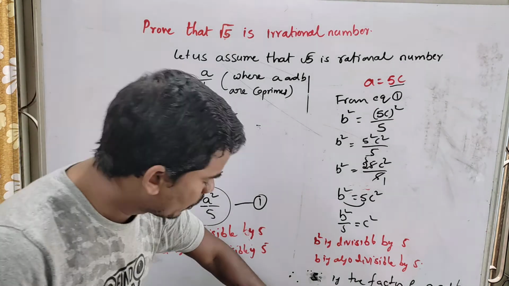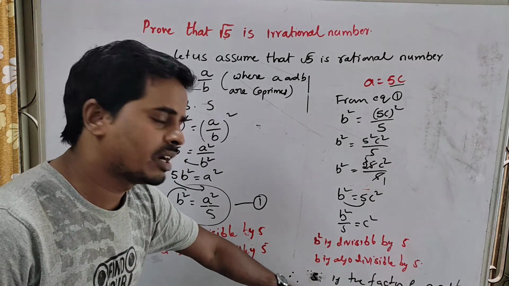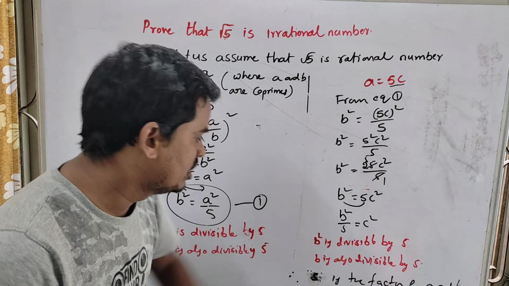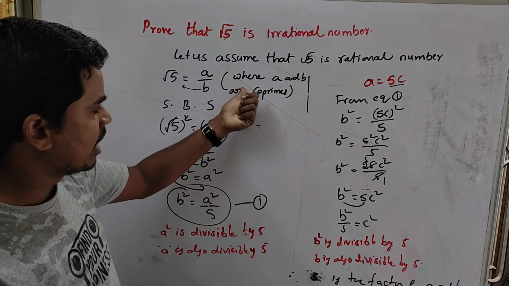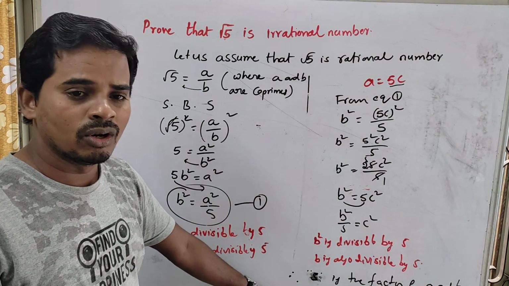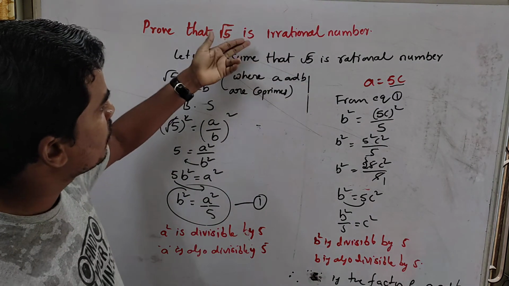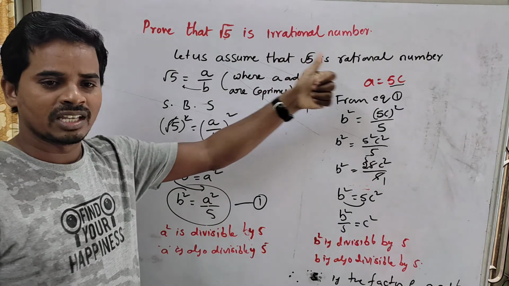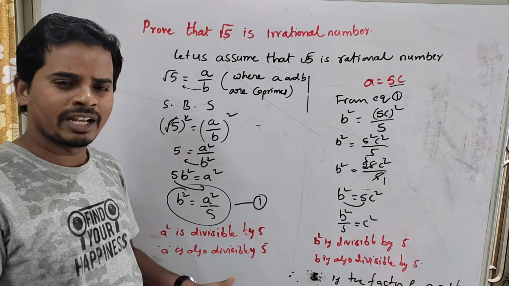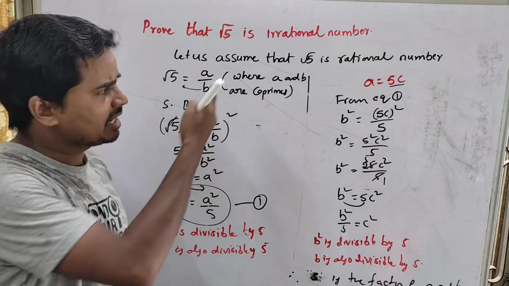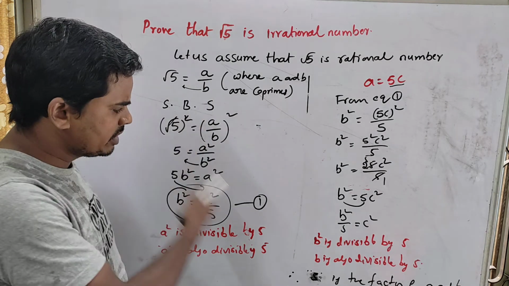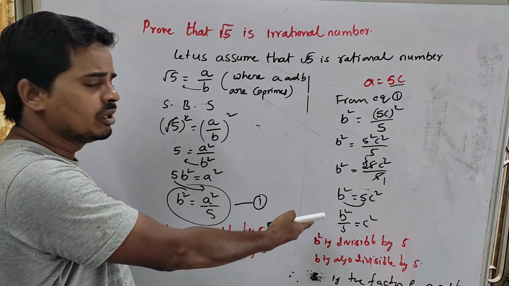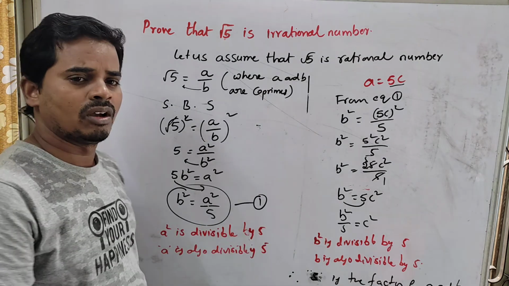So we have to write here in the end: this contradicts the fact that a and b are co-prime numbers, and this contradiction arises because of our wrong assumption that root 5 is a rational number. We should not take it. Root 5 is not a rational number. We took it as a rational number, so this leads us to a wrong conclusion.